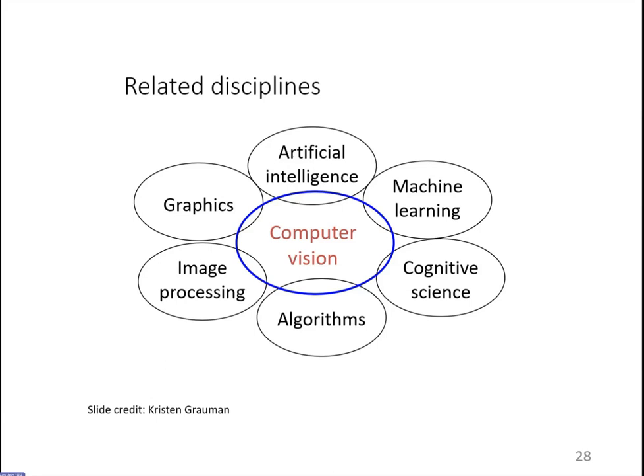So of course, there's no question: computer vision is part of artificial intelligence. Artificial intelligence covers other studies, for example, language, or even playing chess. It is also part of artificial intelligence.